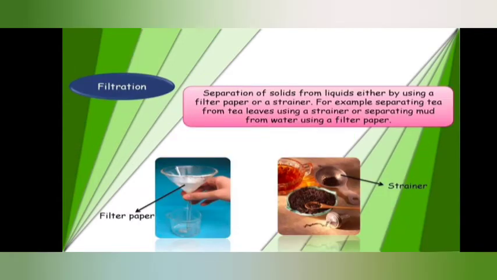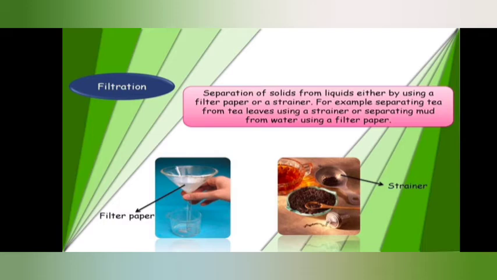And the third method is filtration. It is the separation of solids from liquids either by using a filter paper or a strainer. For example, separating tea from tea leaves using a strainer, or separating mud from water using a filter paper. So filtration means the process by which two substances are separated by using a filter paper.